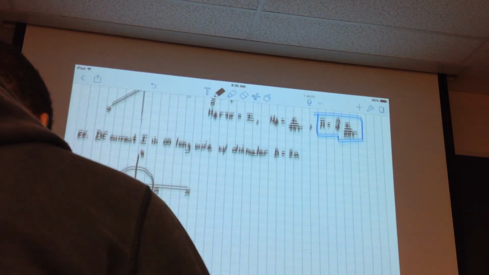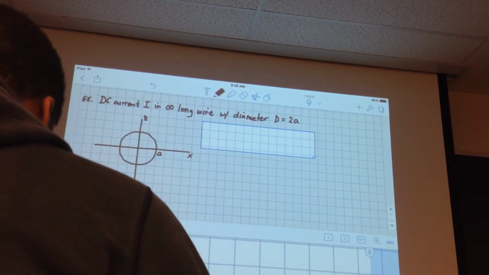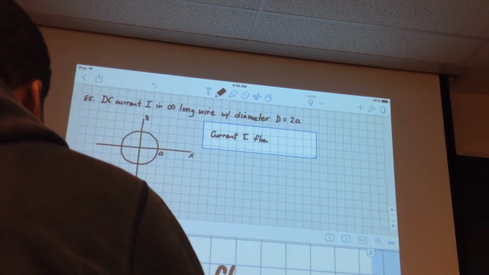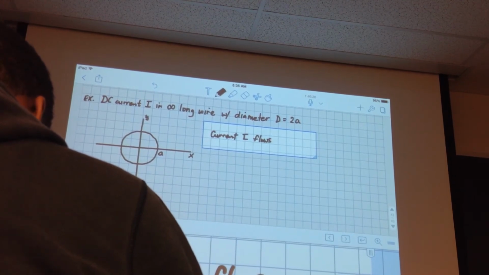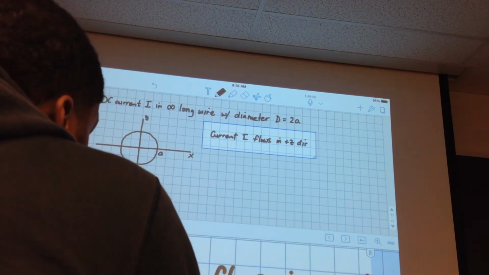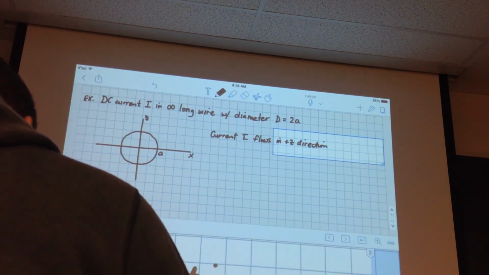We can describe this current. So current I flows in the plus z direction.